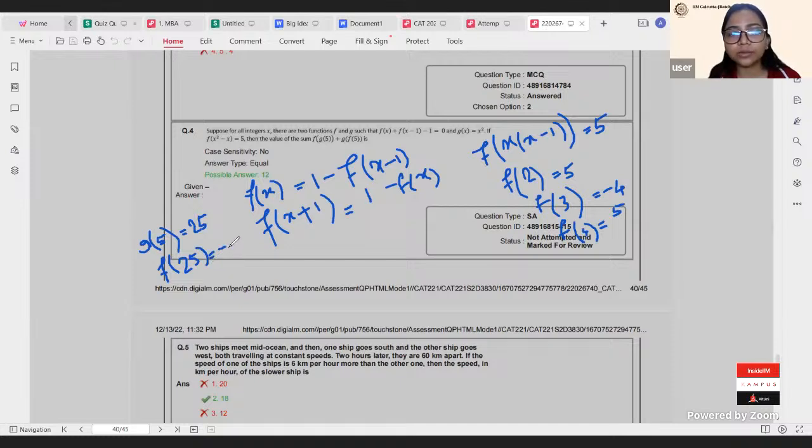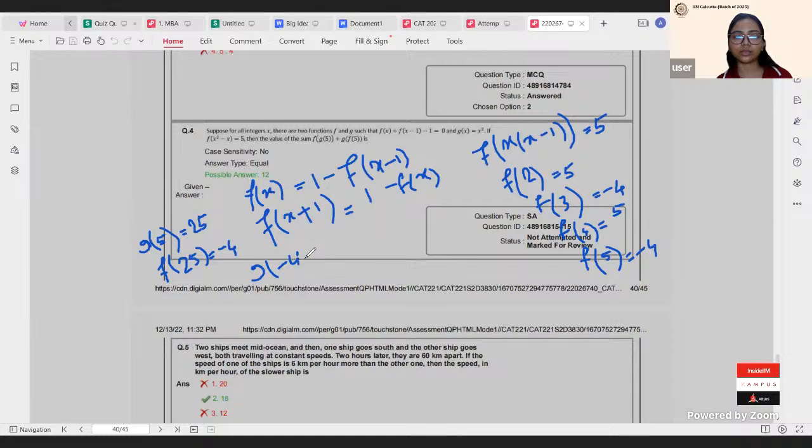And in order to find the second part, which is g of f of 5, f of 5 we are going to write as minus 4. So g of minus 4 will come around to be minus 4 whole square, which is 16. So basically g of f of 5 is g of minus 4, which is 16.